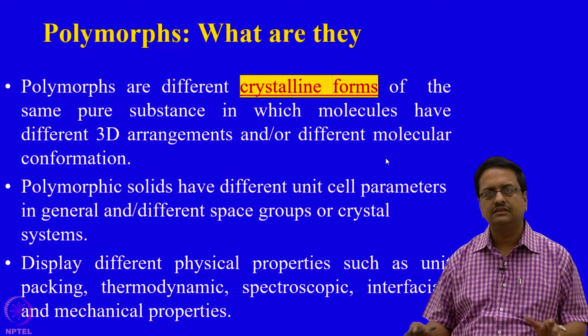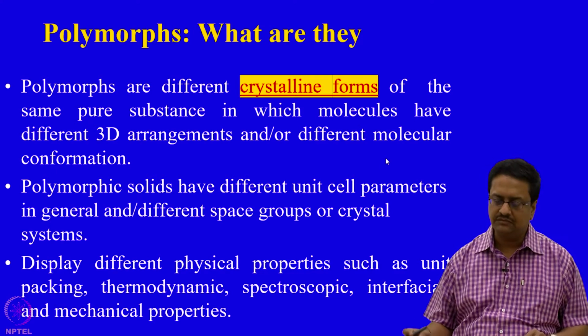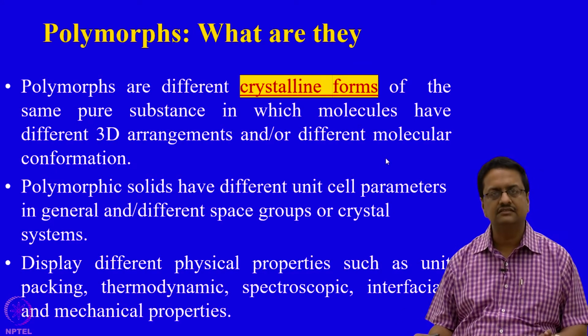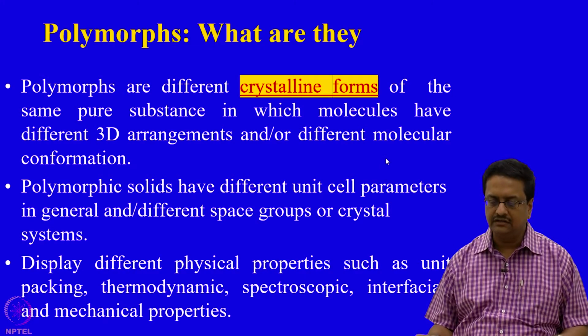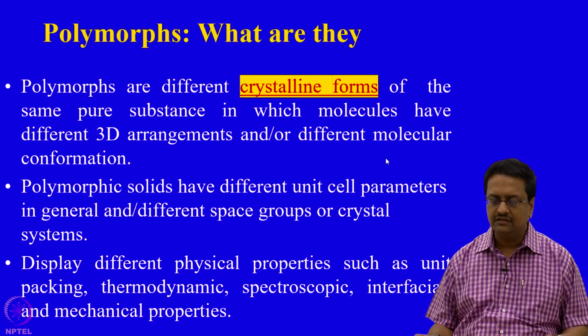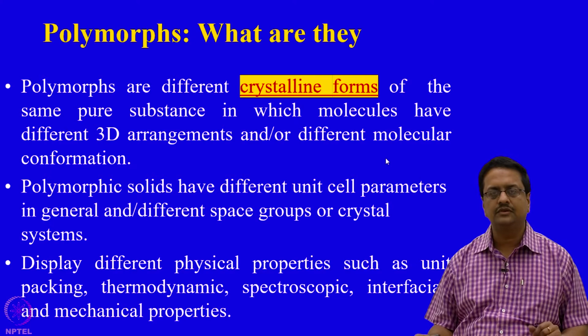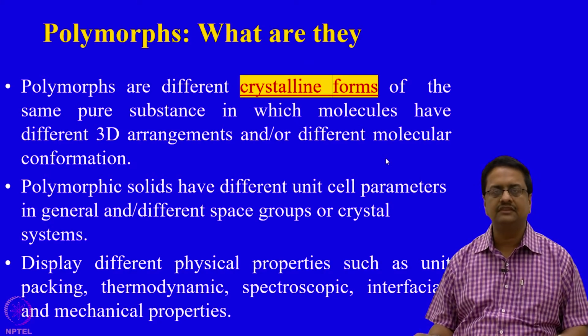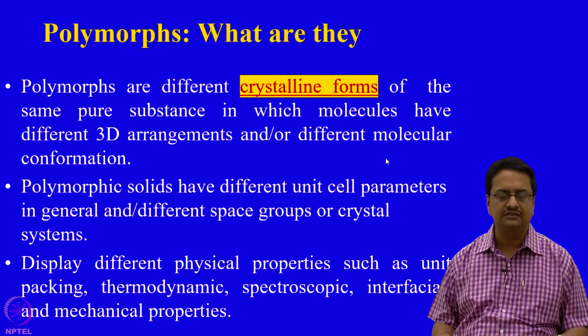These different crystalline forms of the same compound display various physical properties, such as different unit cell packing resulting in different physical behavior, thermodynamic properties like different melting points, spectroscopic properties like different color, and there may be interfacial and other mechanical properties which are different for two different materials.